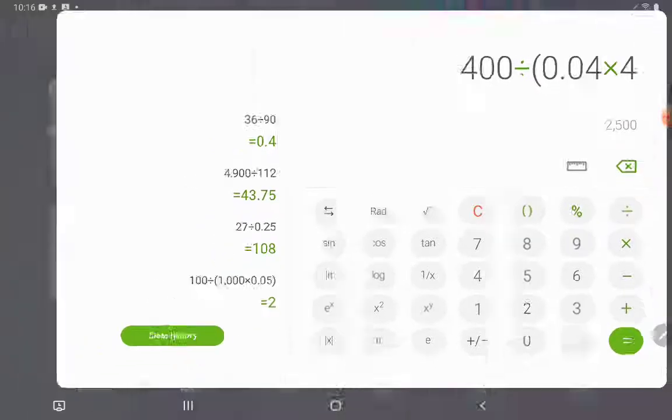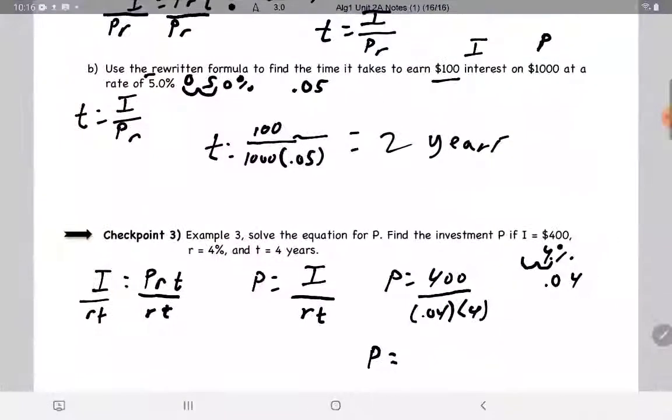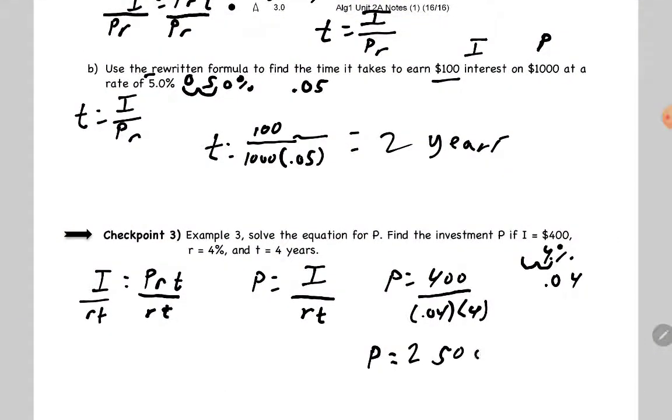So I initially invested $2,500. So if it takes me 4 years to get only $400, it's going to take a while before I get my money back. A long while.